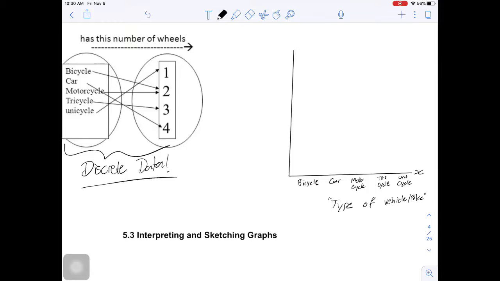Over here, I'm going to put what's on the right element set. I'm going to represent that on my vertical axis. And this is going to be number of wheels. And of course I need a title.